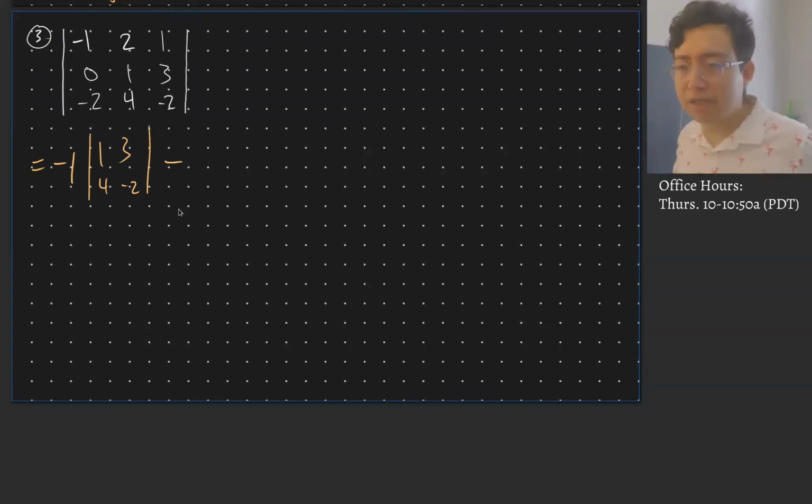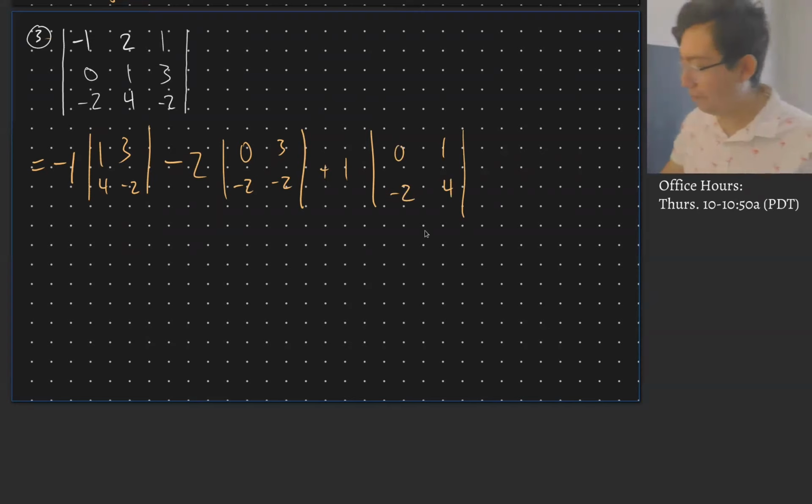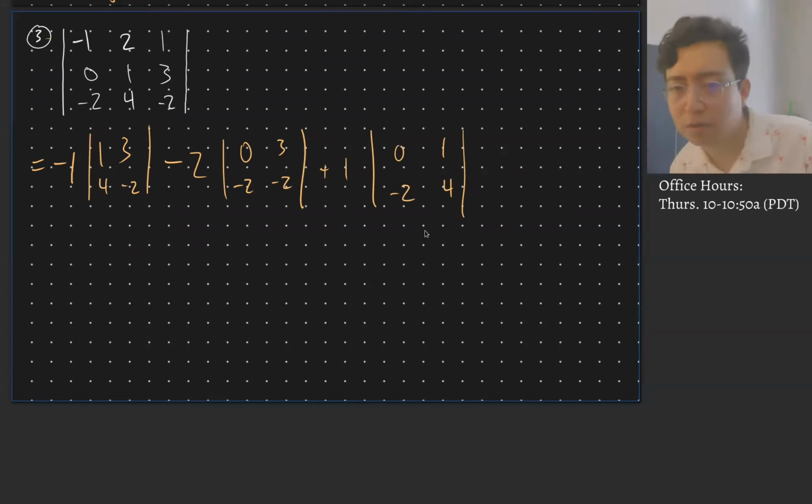Then we subtract this 2 here and we delete this column and we get 0, 3, -2, -2. And then we add on this 1 times the determinant of, well, we delete this column here and we just get 0, 1, -2, 4. Cool. So that's the setup.